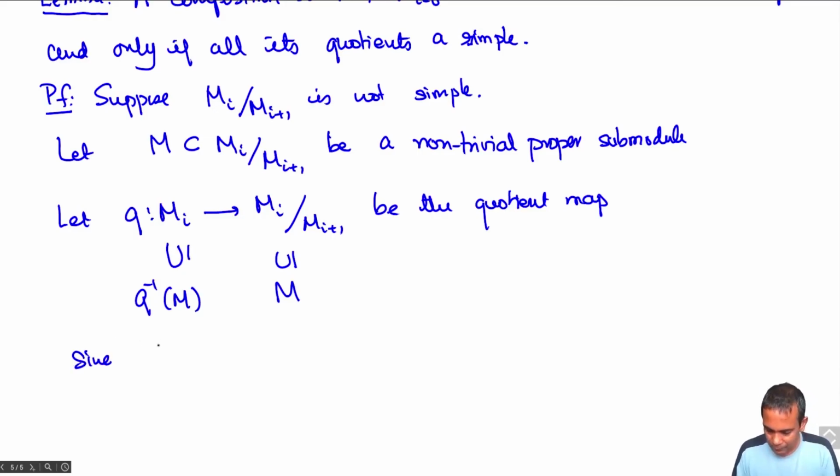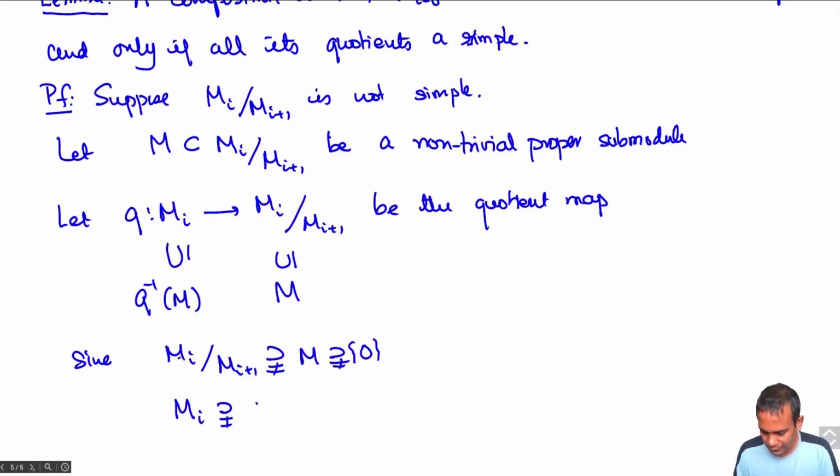Now, since M_i mod M_{i+1} strictly contains M, and M is strictly non-zero, we have that M_i strictly contains Q inverse M, and that strictly contains M_{i+1}.